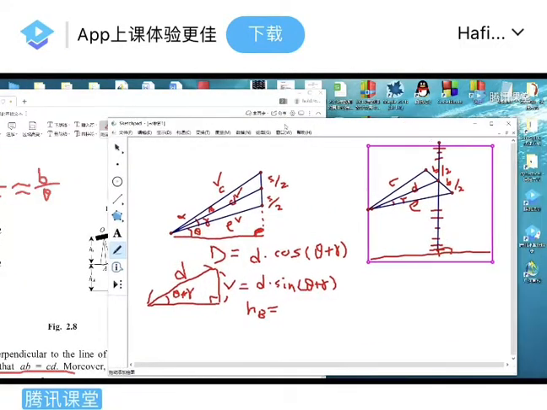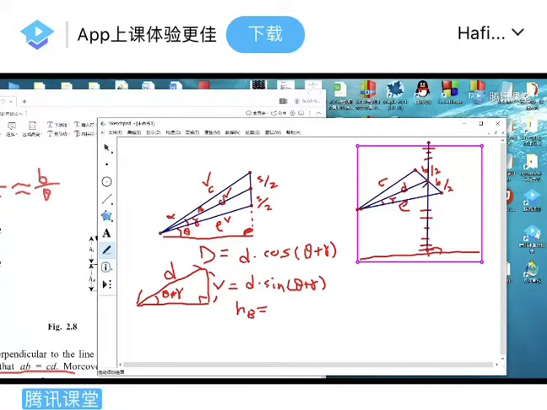Otherwise, without bringing the leveling staff, this cannot be done because this is B. B is over here. How am I so sure this point can be vertical to this one? It's not easy to get to this point.